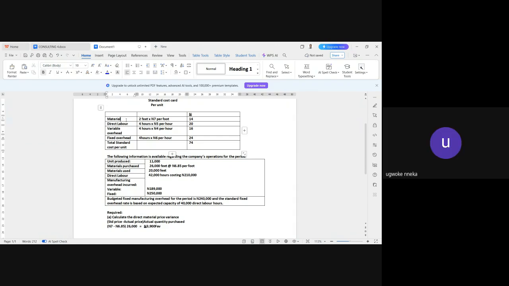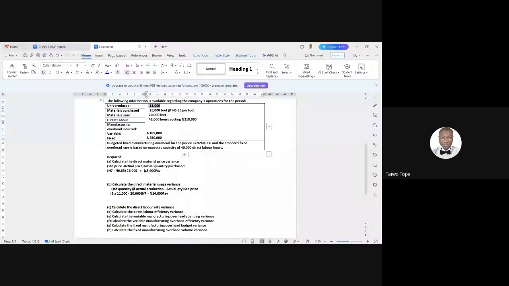When you flex it based on your actual units produced, you have standard quantity of actual production, and that is where we have 2 multiplied by 11,000, which is 22,000, less 20,000, you have 2,000. 2,000 by 7, you have 14,000 favorable. Thank you, sir.